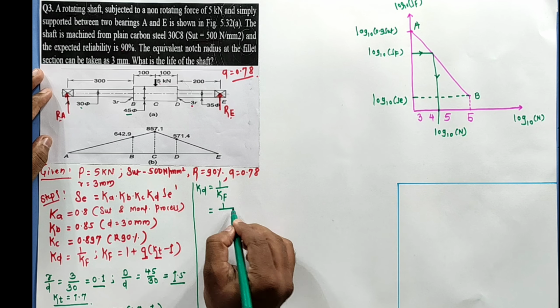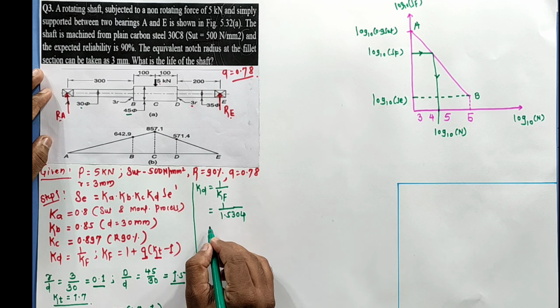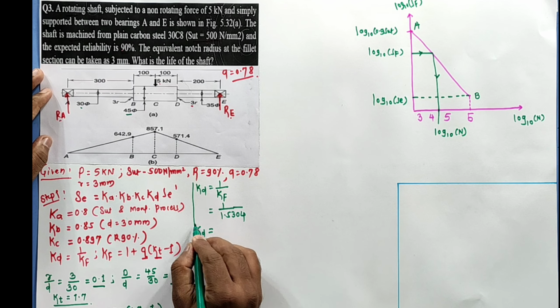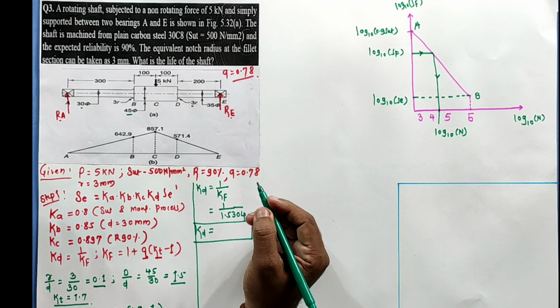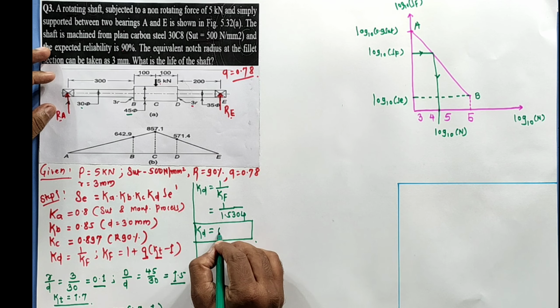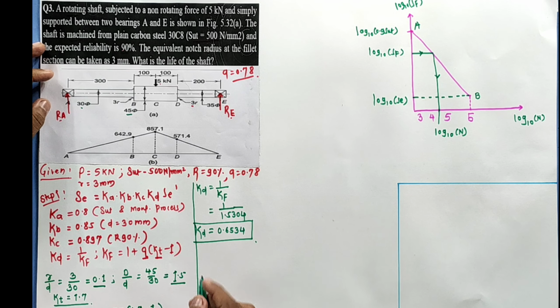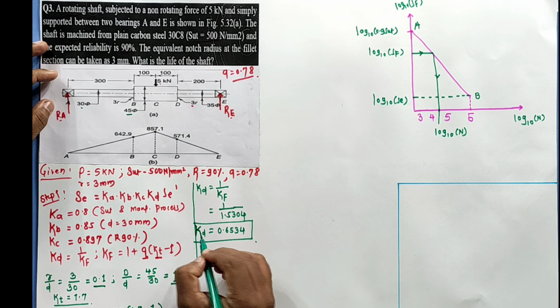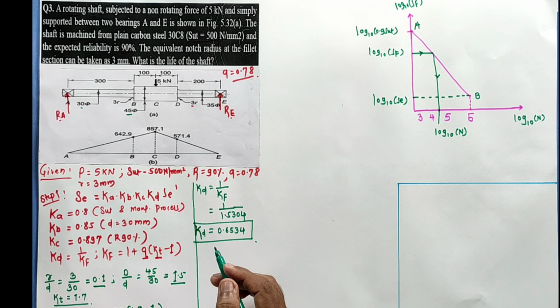So it is 1 by 1.5304, which is equal to KD, that is the modifying factor. KD is 0.6534. This will be the KD. Clear?